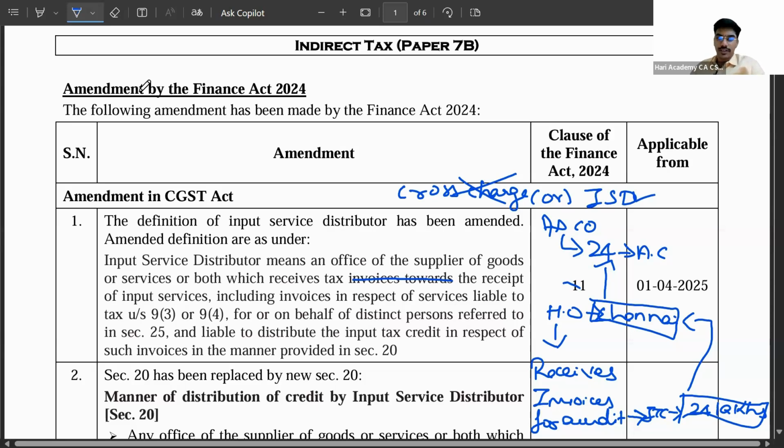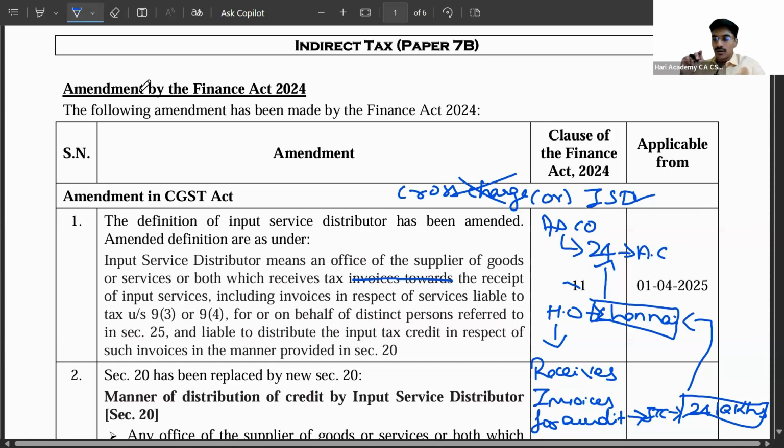So it is not right only for the Tamil Nadu registration to avail the credit for all these entities. So earlier they had two options. First one is ISD. Whatever the Tamil Nadu registration receives, the person who's receiving the service will raise an invoice on ISD, and ISD will distribute this to all the persons.